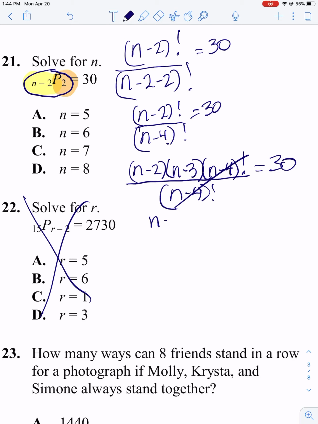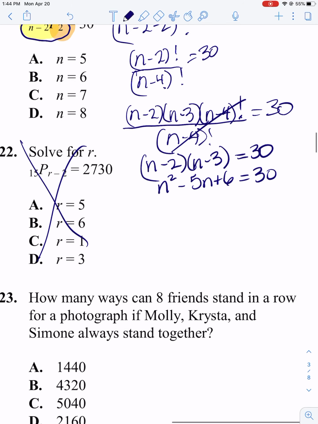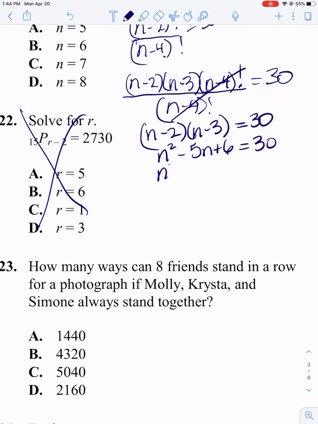Cancels, leaving n minus 2, n minus 3 equals 30. I'm going to FOIL, so I'm going to get n squared minus 5n plus 6 makes 30. I'm going to subtract 30 from both sides. N squared minus 5n minus 24 equals 0. Now I'm going to factor two things that multiply to negative 24 and add to negative 5. So to multiply to 24, I'm going to use 8 and 3.